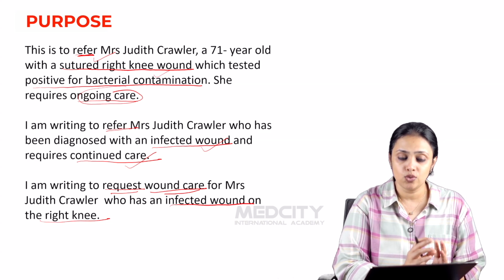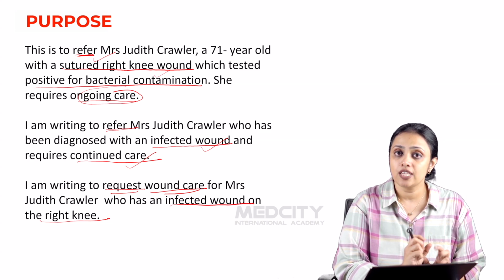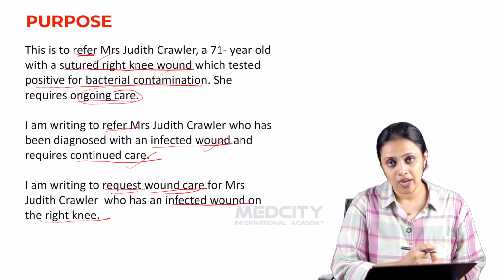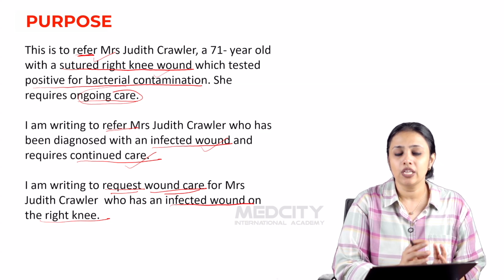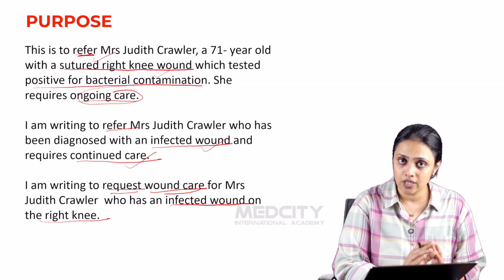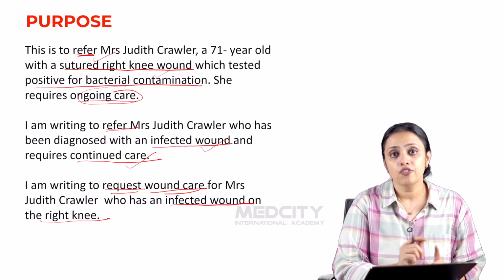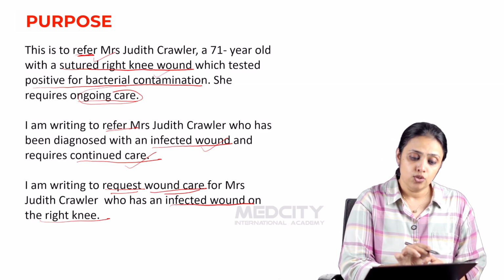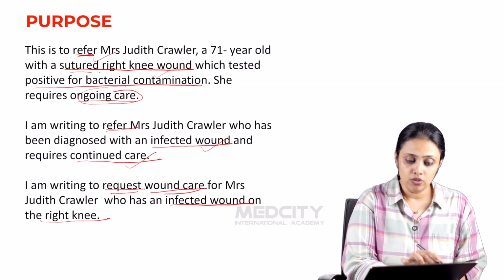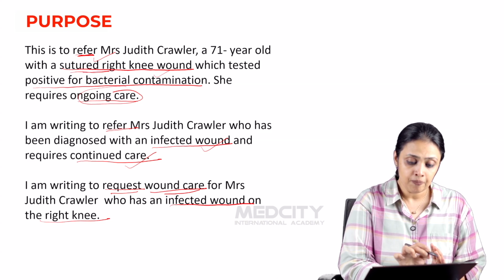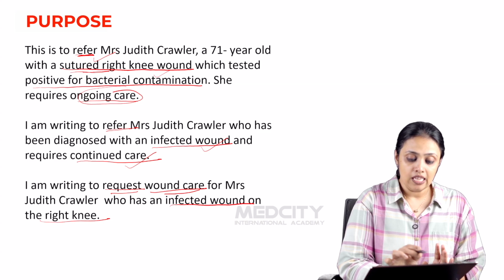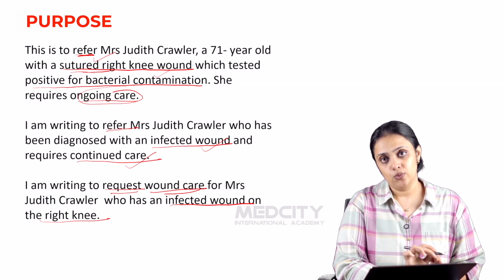As per this case note, it is the infected wound of the patient which prompts the requirement from the reader, which is continued wound care, wound dressing, wound monitoring, plus an additional removal of sutures. So if needed, you can mention the sutured wound in the purpose paragraph. Even without that, it is fine. What needs to be there is, of course, this infected wound.